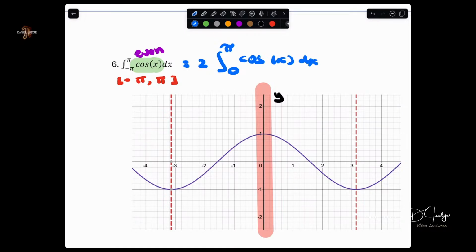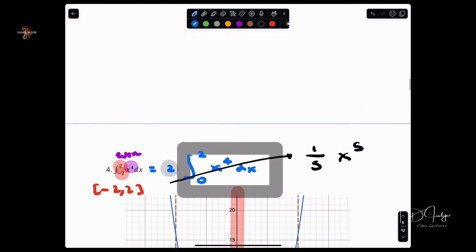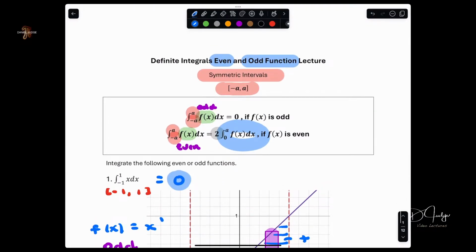All right, so let's get what we're looking for. If you go all the way back here to take a look, when we have even functions over symmetric intervals.